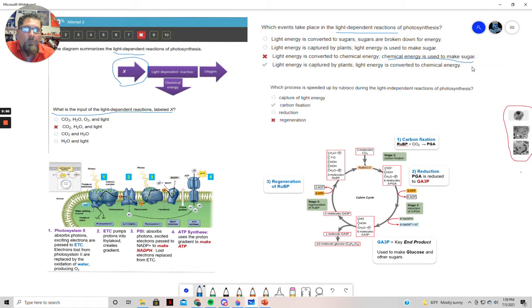It's part of the answer you picked, including making sugars. But the light-dependent reaction, all it's focused on is converting that light energy from the sun into the energy that it needs and to develop the components that it needs to begin making the sugar.